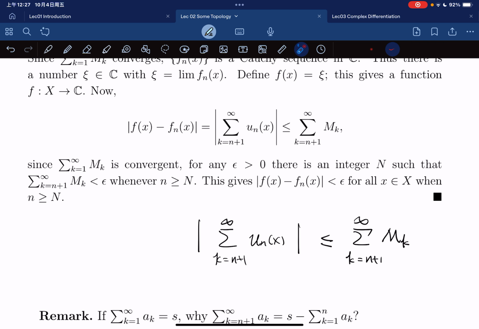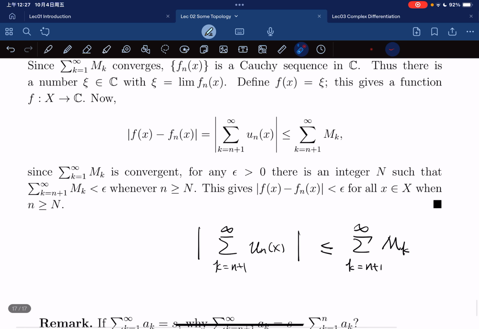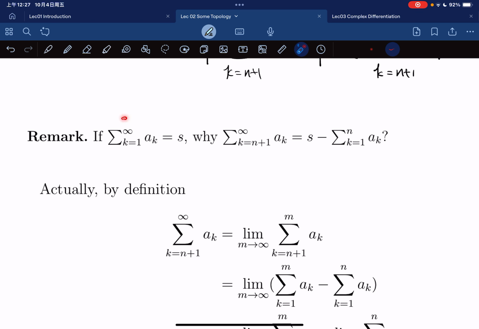So this explains this inequality, right? And what we did here and also here, we see that this is convergent, so we can make this arbitrarily small for all n greater than N. And so this gives a remark: if the series of a_k converges to S, then if we start from n plus 1, this is another series, and this series converges to S minus a finite sum.